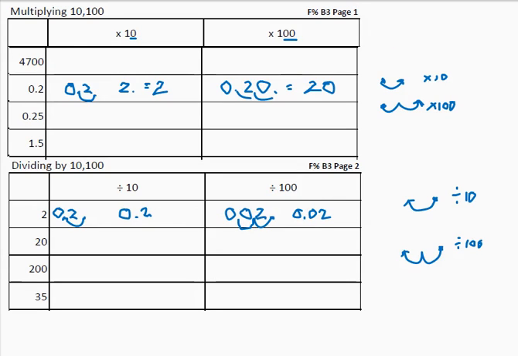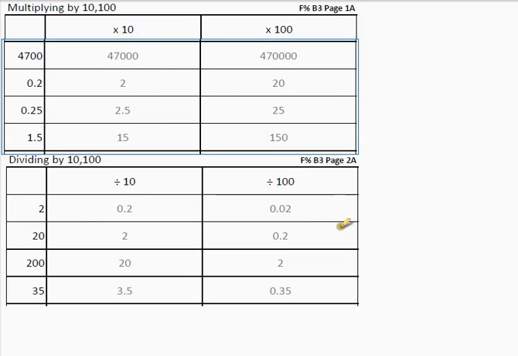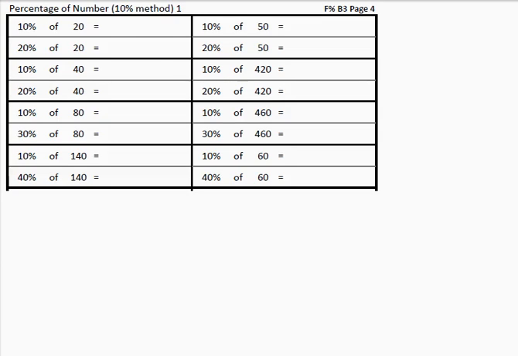Okay, pause the video, you do the rest. Now there's your answers. Please pause the video and check your answers. For those who find this hard, I will do it in more detail in the decimal video. Okay, we're moving on.